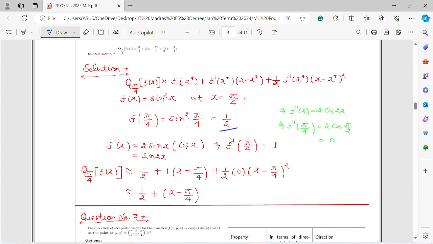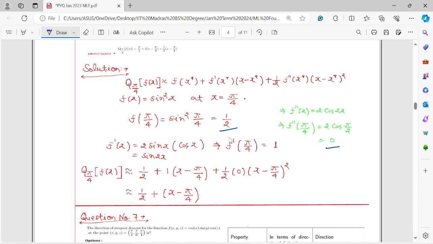Then, because the formula has the second derivative also, we take the second derivative of this function, which is equal to 2 cos 2x, and the value of the second derivative at pi by 4 is equal to 0.